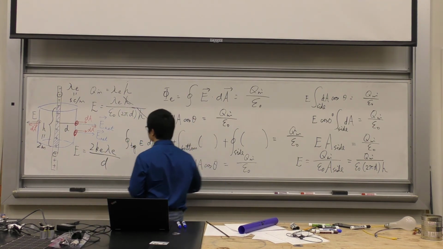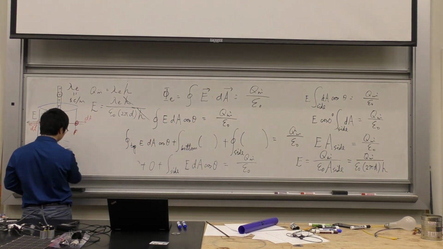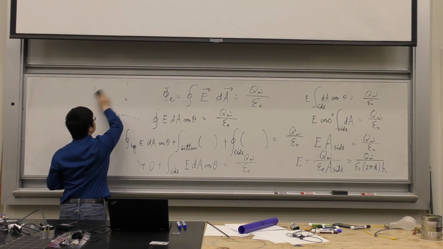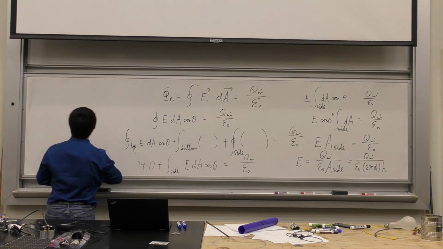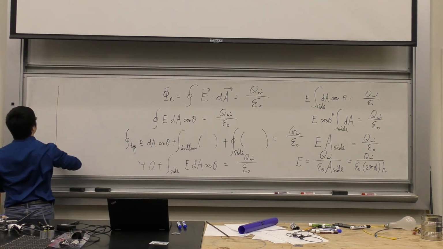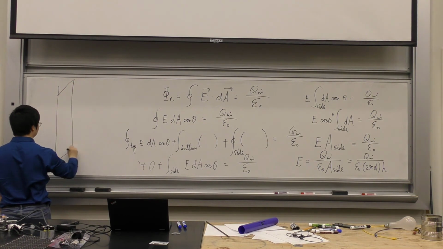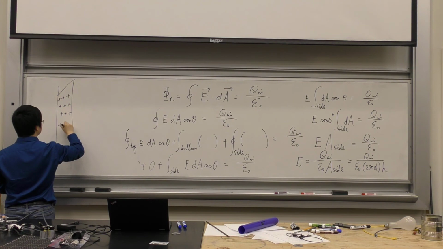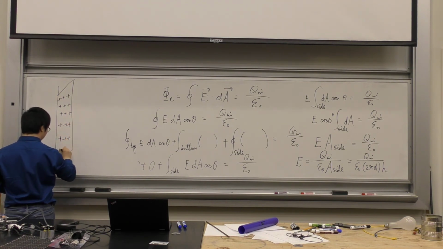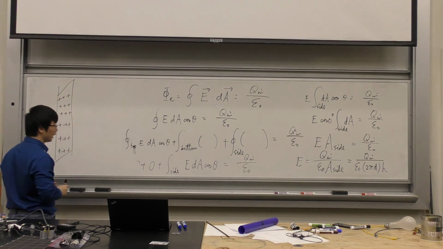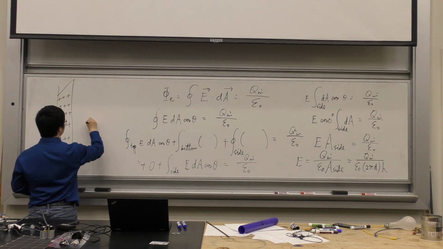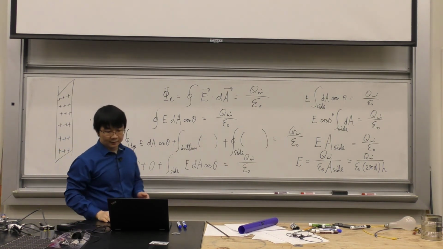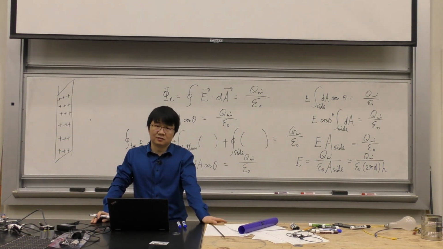Now I'm going to erase this. So a very large plane has been charged uniformly, say positive. I want to find the electric field at a point which has a distance d from the plane. Direction is easy.